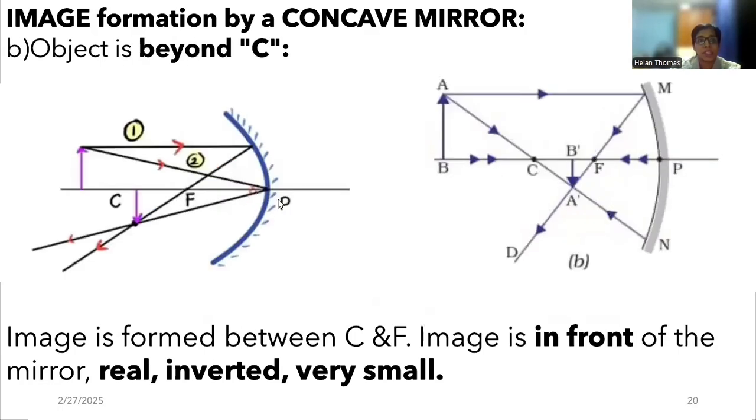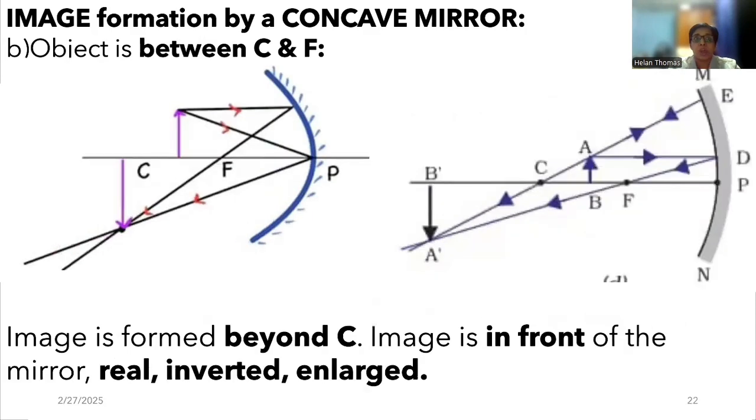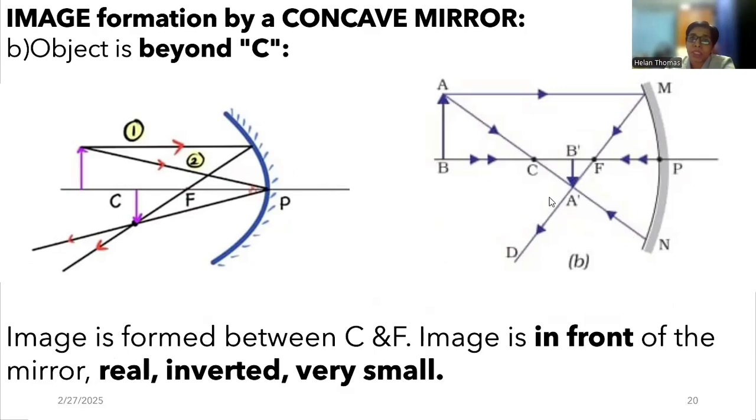Now the object is beyond C. C is the center of curvature. When the object is placed beyond C, I advise you to follow this picture, as this is the NCERT textbook picture. When the object is beyond the center of curvature, what happens?